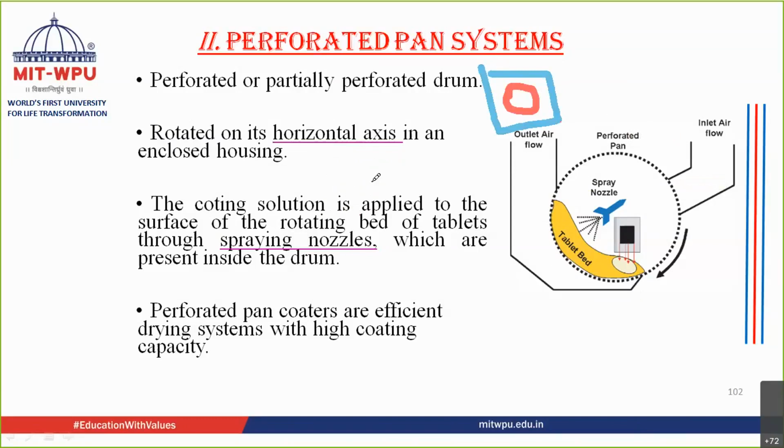The coating solution similarly is applied with the help of spray nozzles, like you had spray nozzles earlier. And this coating pan is going to help in the drying system.